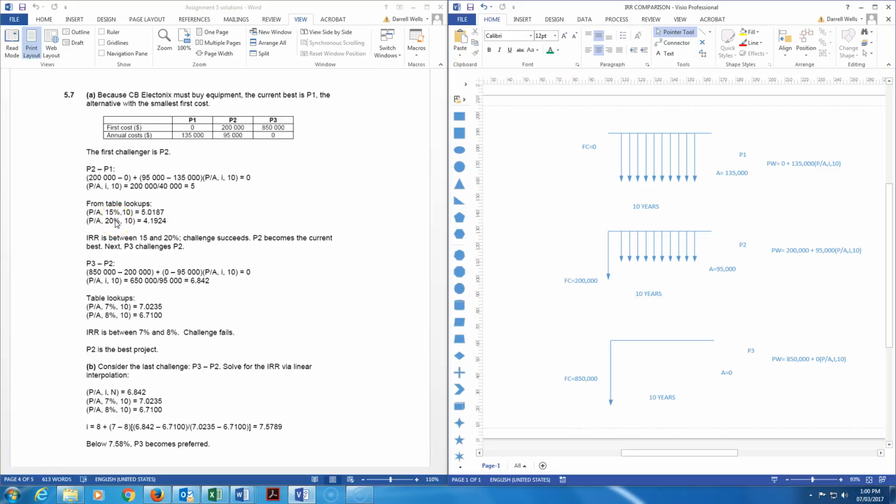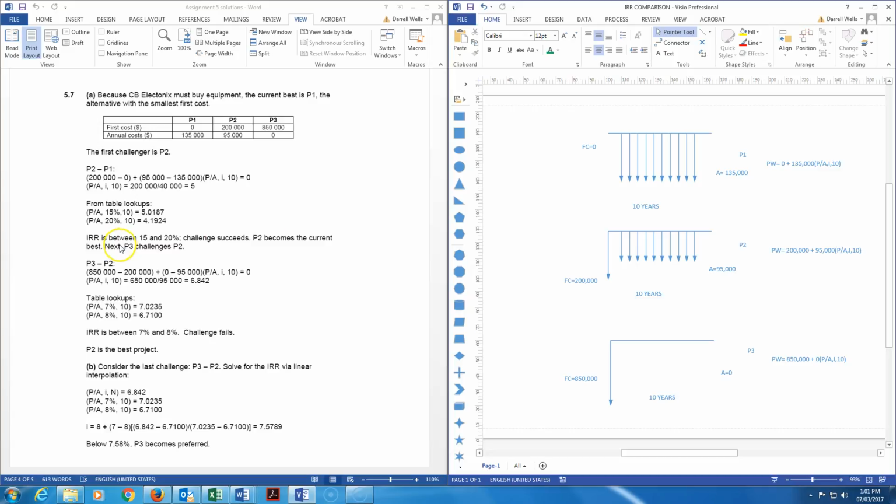The MARR for this problem was 11%. We don't need to go any further to determine the exact interest rate, because all we need to determine is that P2 challenging P1 gives us an interest rate somewhere between 15 and 20%. That's higher than our MARR of 11%, so the challenge is successful. P2 becomes the winner in this case.